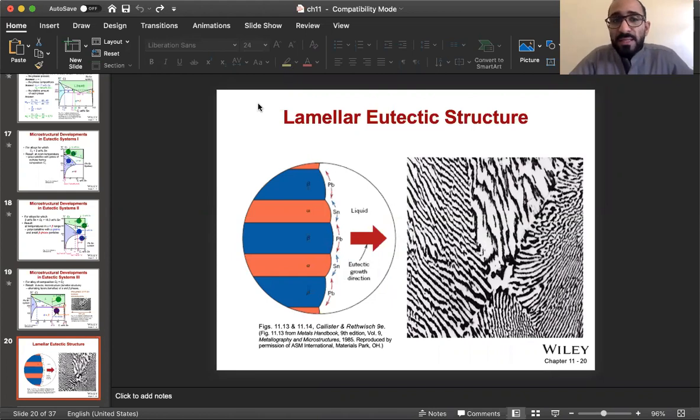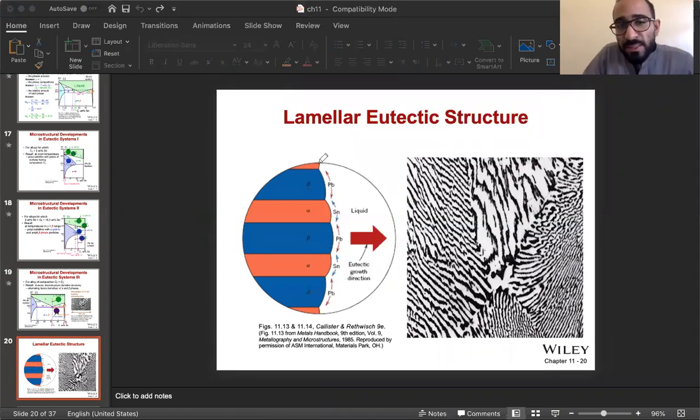So this is representing the interface between the solid and the liquid. At that interface, in the liquid phase, you have tin and lead, and we know that the alpha phase is representing the rich phase of lead, and the beta phase is representing the rich phase of tin.